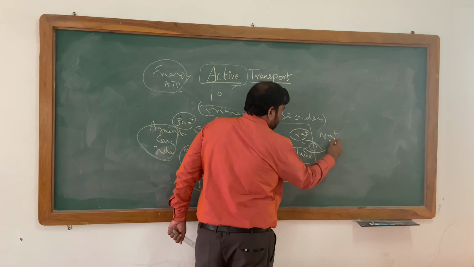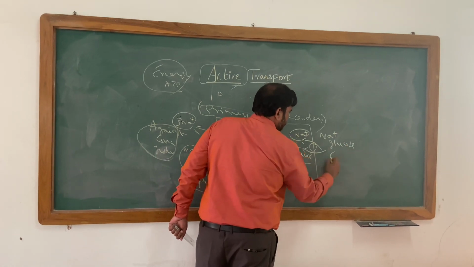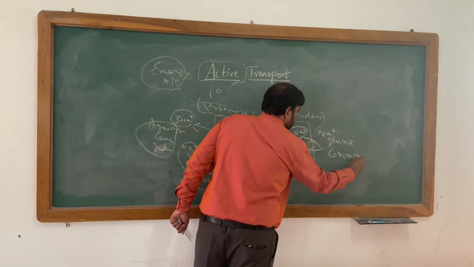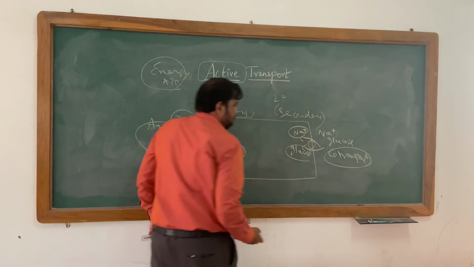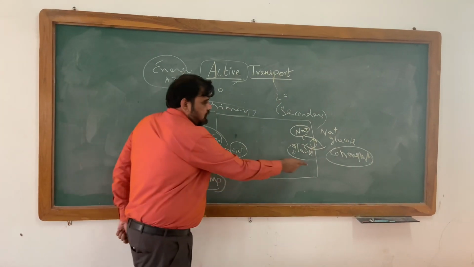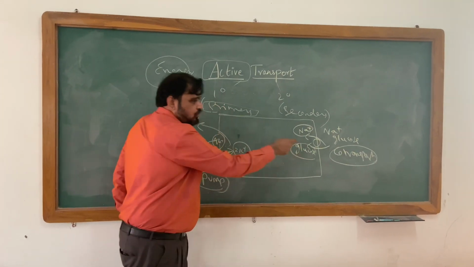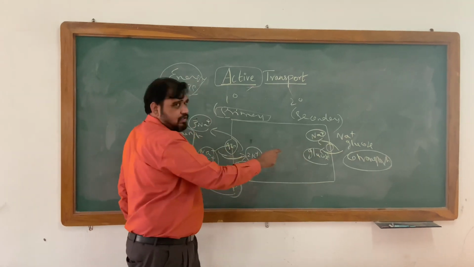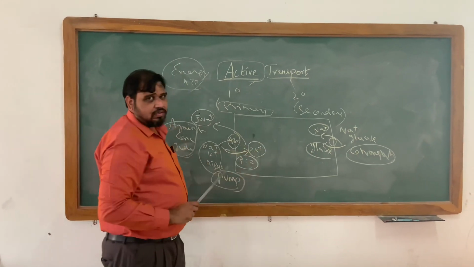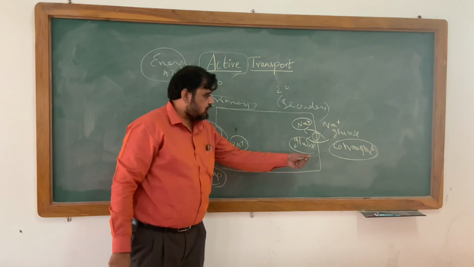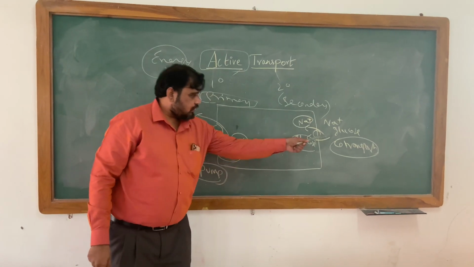Why is it called co-transport? Co-transport means both in the same direction. Sodium is coming inside, glucose is also coming inside. You have to understand why it is called co-transport: both in the same direction, towards inside the cell.